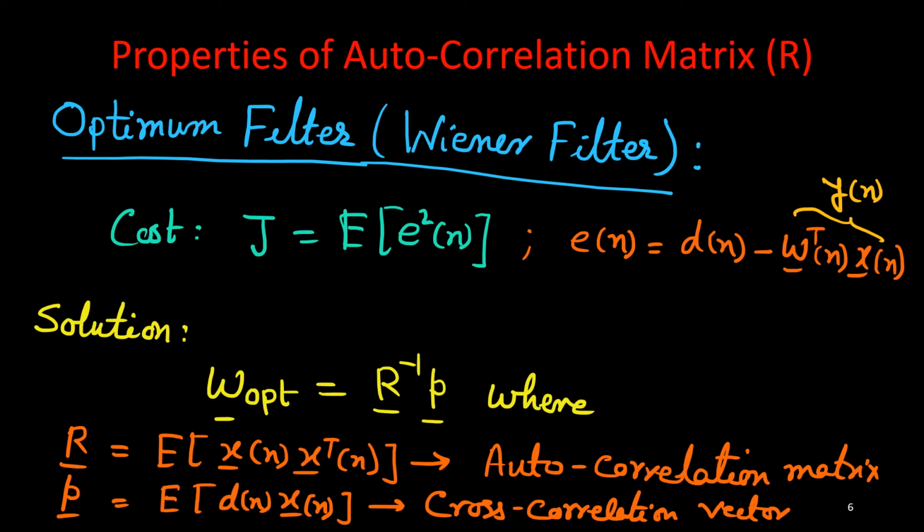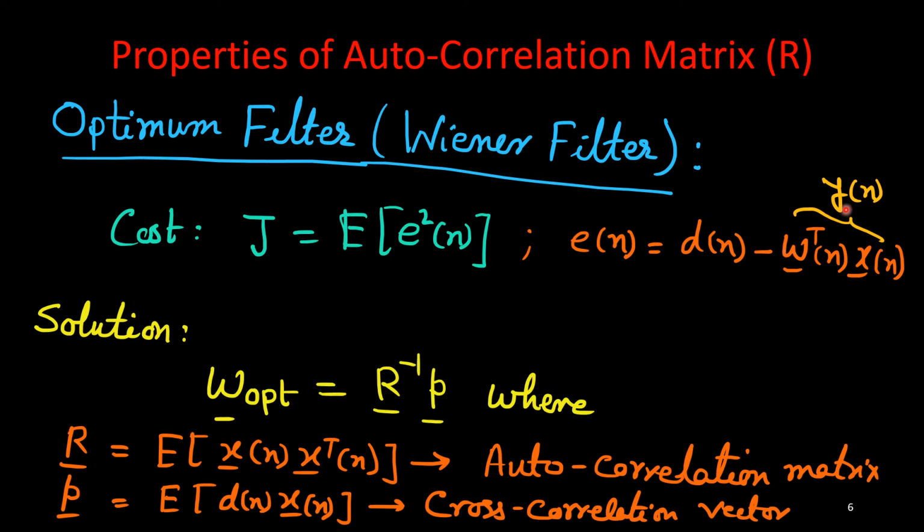For the optimum Wiener filter, we have considered the cost function J as the expected value of E square n. This is called the mean square error, and we'll try to minimize this cost, where En is the error between Dn and Yn.